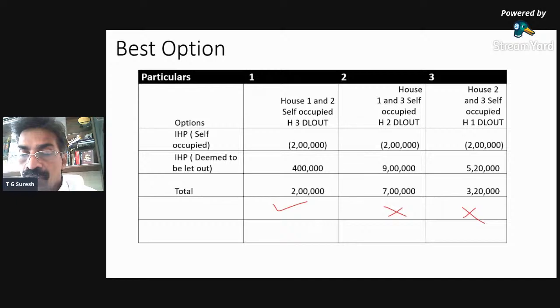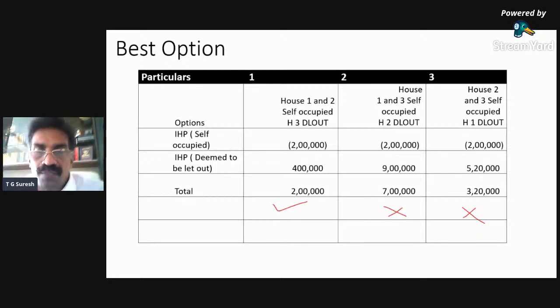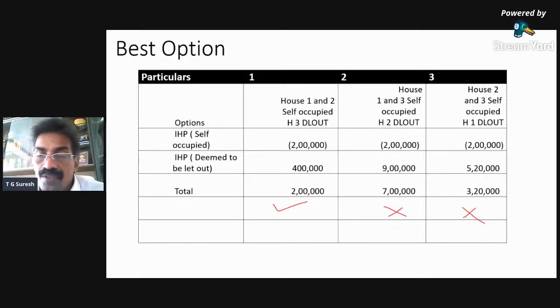The restriction for self-occupied, or nil annual value properties, is given in the house property chapter itself. The overall loss restriction of 2 lakhs is given not even in section 70, only in section 71, only when doing inter-head adjustment. So that is why you should not confuse on this particular point. You have understood, fine, fair enough. I'll proceed now.